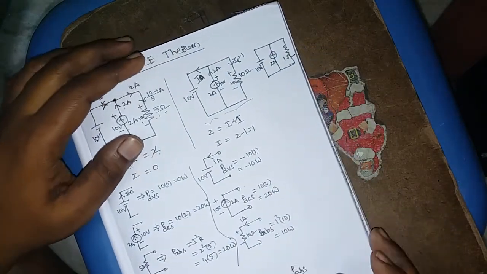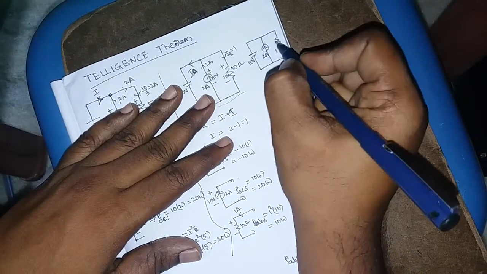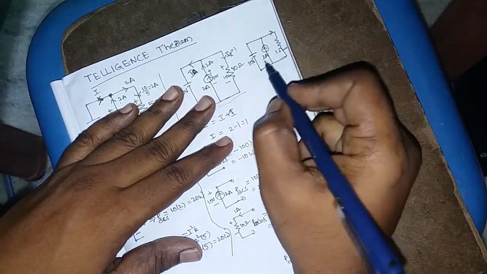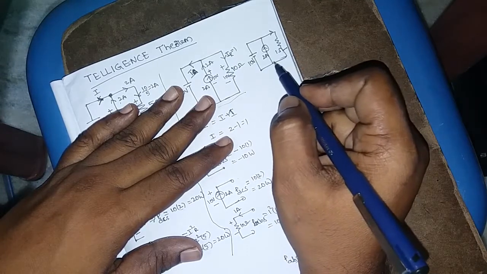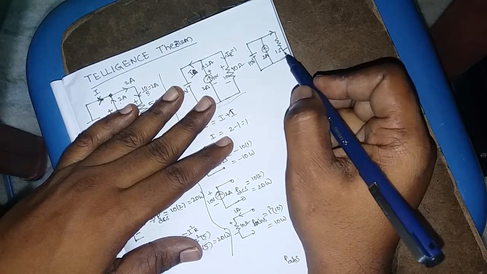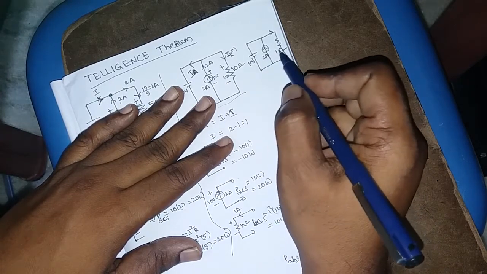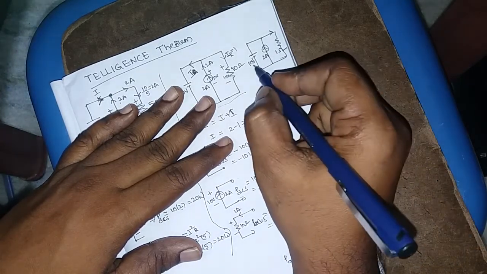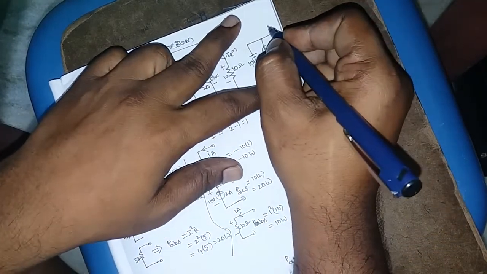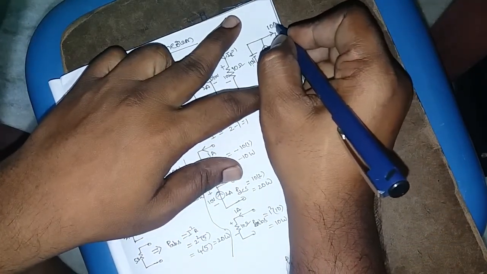So here how much current passing through the resistor? As 3 branches are connected in parallel, voltage across each branch is same, hence current passing through the resistor is I is equal to V by R. V is 10, R is equal to 1. Therefore, 10 by 1 is 10 amperes.